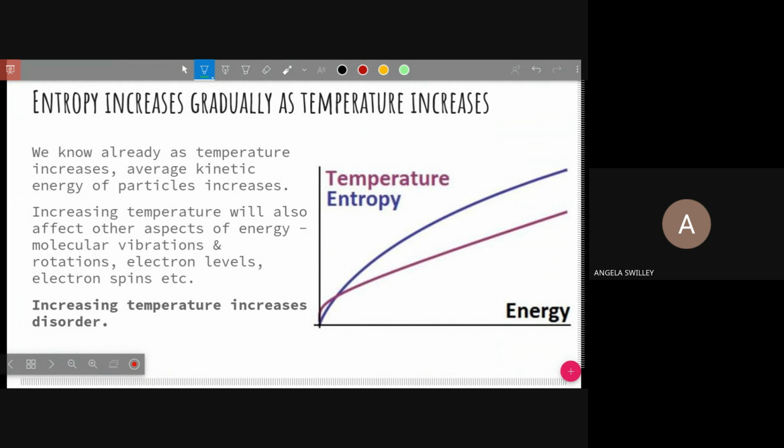So that's where this comes in with entropy. Increasing temperature will also affect other aspects of energy like molecular vibrations and rotations, electron levels, electron spins, etc. Increasing the temperature increases disorder. So therefore, increasing temperature will increase entropy, since entropy is a measurement of disorder.